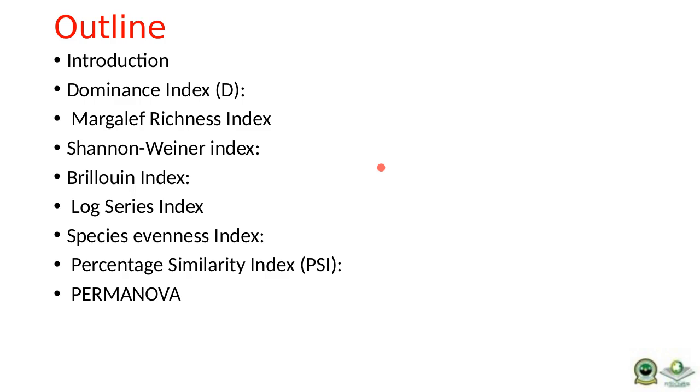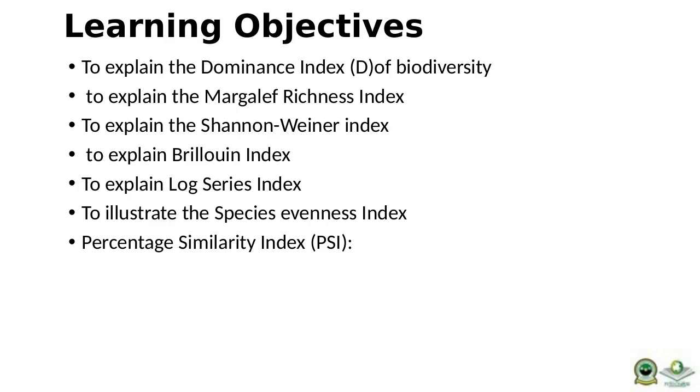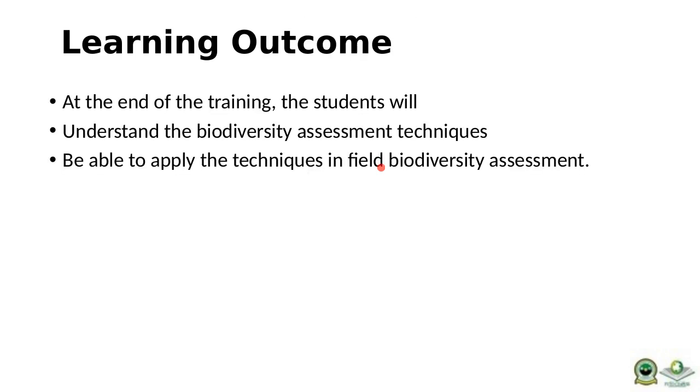These are all indices to assess biodiversity. The objective is to explain the dominance index of biodiversity, the Margalef richness index, the Shannon-Wiener index, the Berger-Parker index, the log series index, and the percentage minority index.